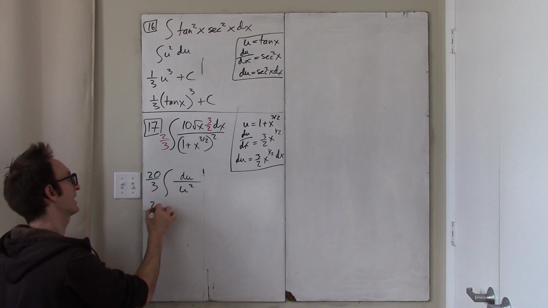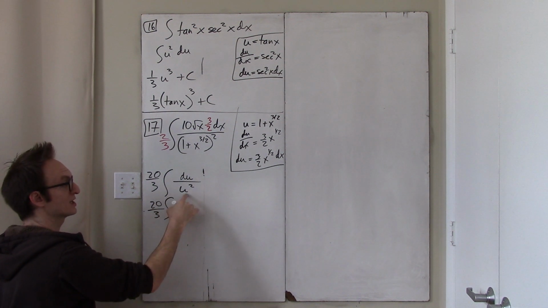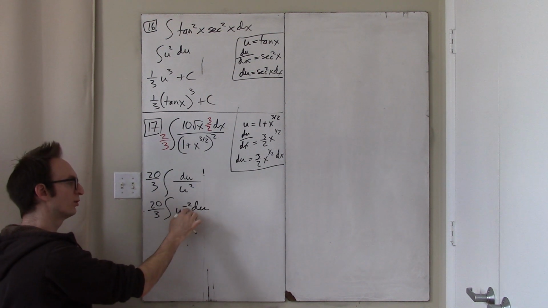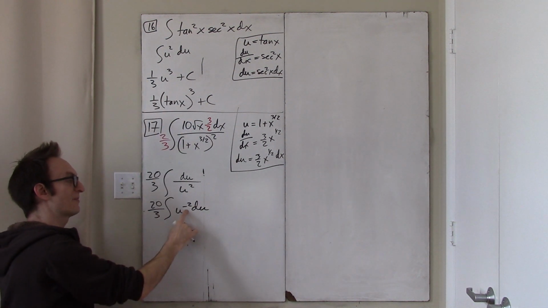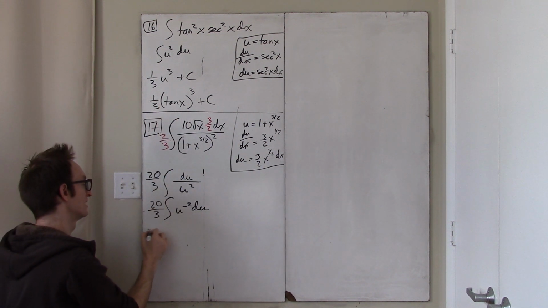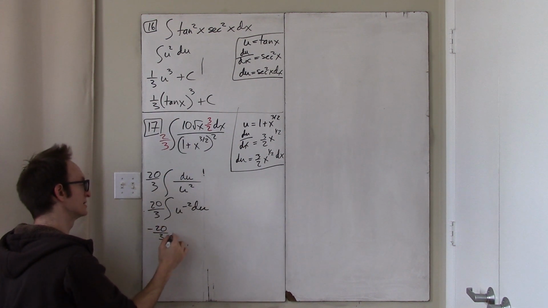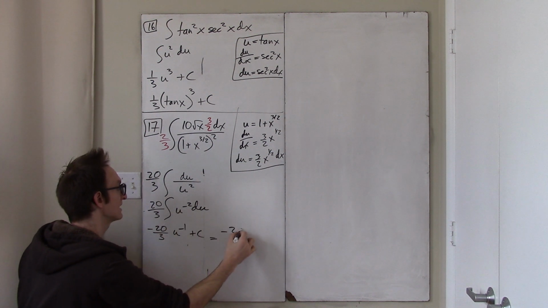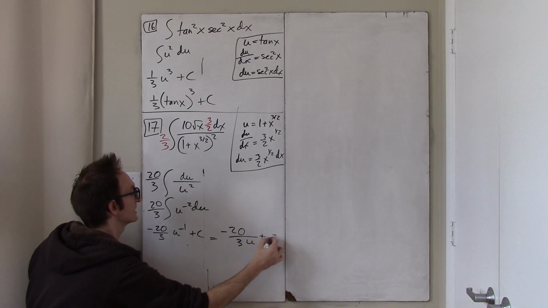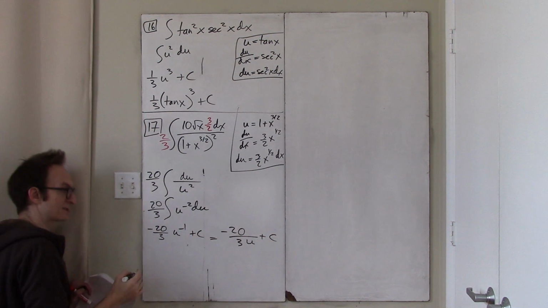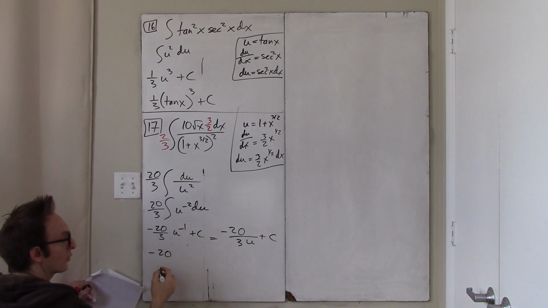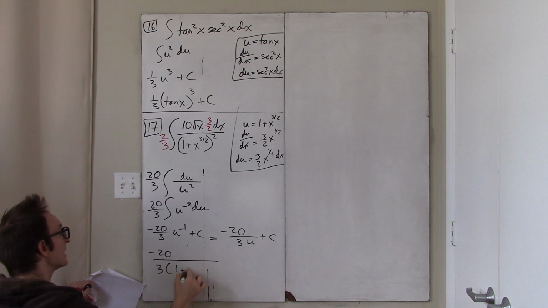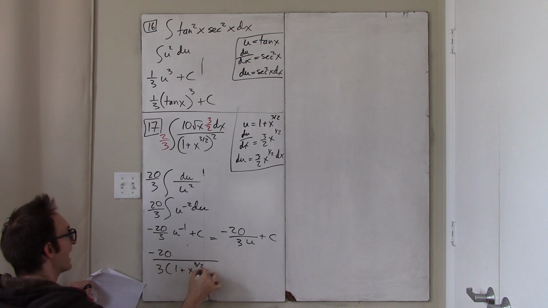And I'll do one more thing where I rewrite this in antidifferentiation-friendly form as u to the -2, which I think is helpful because it helps you remember the rule. You go up a power, you divide by that number. So up a power would be u to the -1, you divide by -1. So it's -20/3 u to the -1 plus c, or -20 over 3u plus c. And therefore the real answer to this problem is -20 over 3 times (1 plus x to the 3/2), plus c.